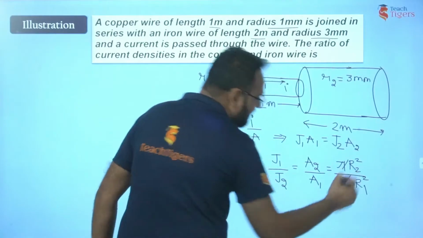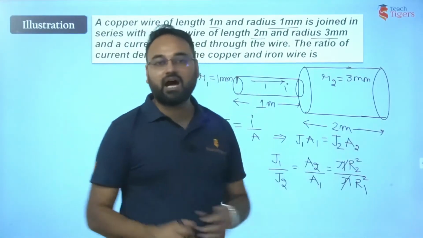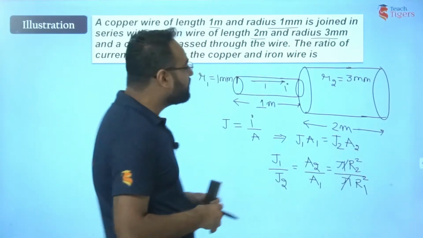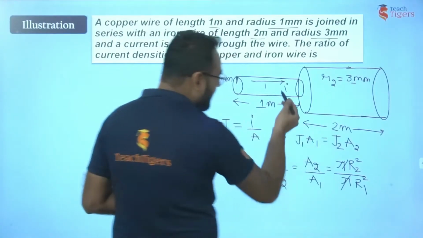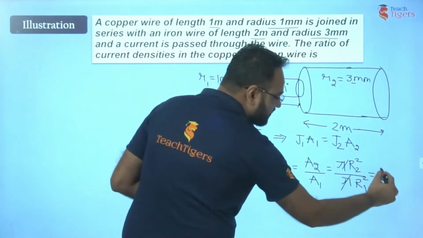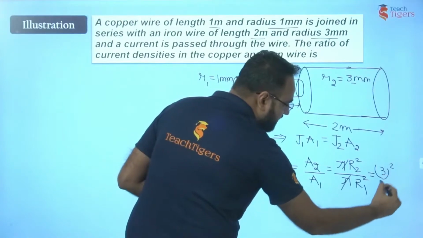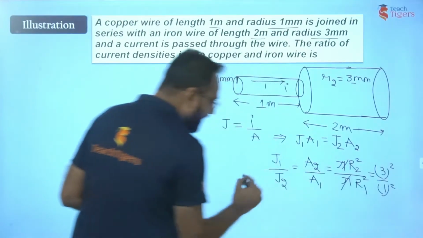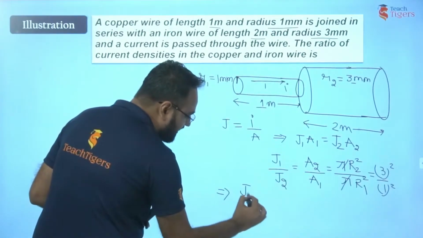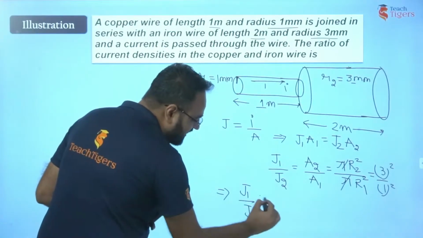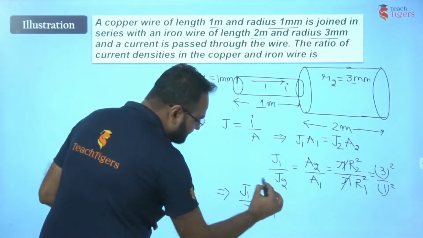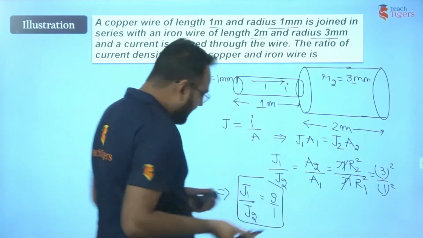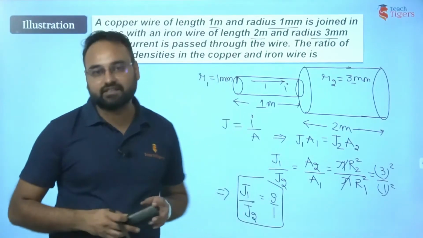From here, pi and pi will cancel out. We will get r2 squared by r1 squared. Now, r2 is 3 mm and r1 is 1. Therefore, if we substitute the values, we get 3 squared by 1 squared. This implies the ratio of current densities J1 to J2 is 9:1. This way we can easily calculate the ratio of current densities.